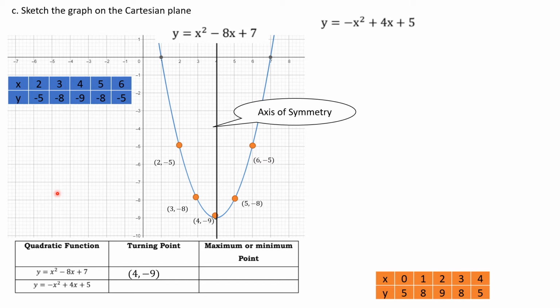Ang turning point po ba natin ay maximum or minimum point? If the given graph is opening upward or opening downward, kapag opening upward po, minimum kasi nasa ilalim po siya. Pag opening downward naman po, yan po ay maximum. So, minimum point po ang number 1.